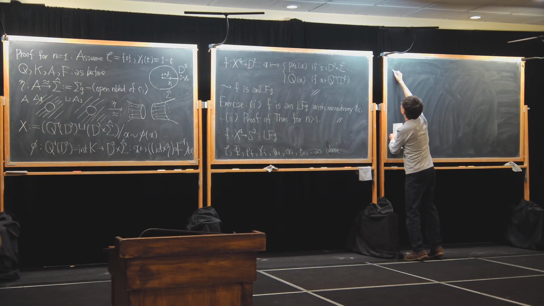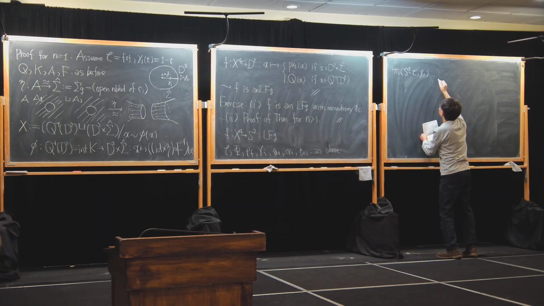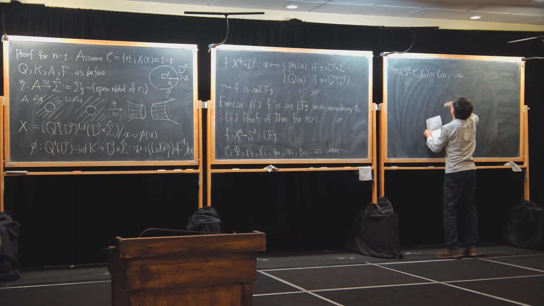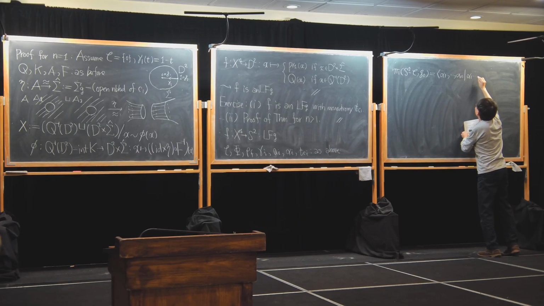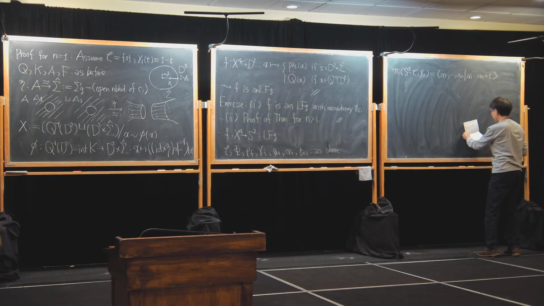Then the pi 1 of S2 minus C based at Q naught has a presentation as follows. So generators are alpha 1 to alpha n, but we have only one relation: alpha 1 times through alpha n is equal to the identity. Okay.